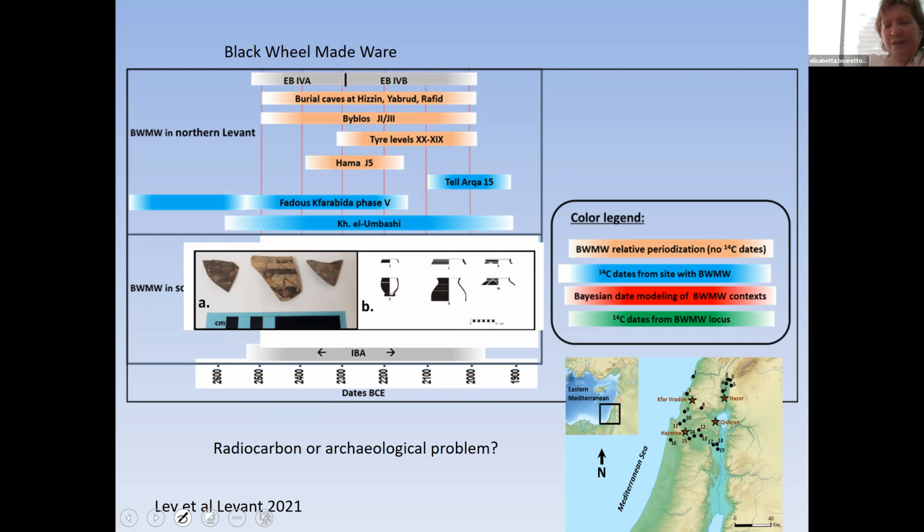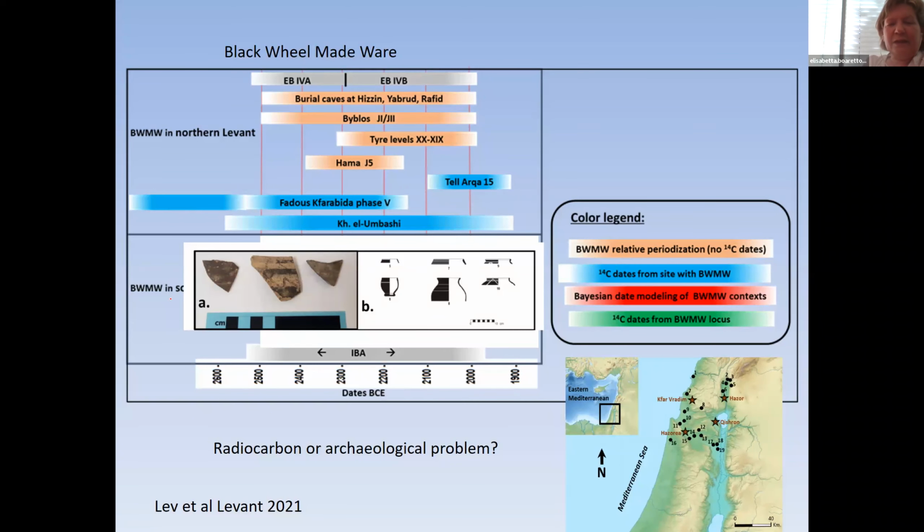The IBA in the southern Levant, Intermediate Bronze Age, is now about 500 years longer, and it covered the same period that in the northern Levant is the EB4A and EB4B.